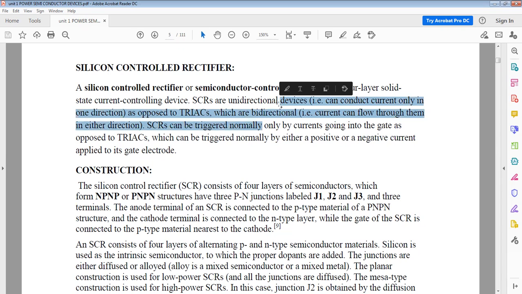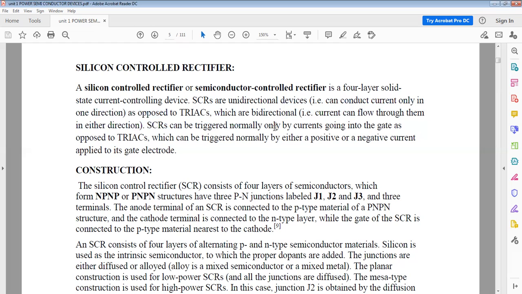SCRs are unidirectional devices that can conduct current in only one direction, as opposed to a triac, which is a bidirectional device. Current can flow through a triac in either direction, that is two directions. SCRs can be triggered normally only by currents going into the gate.